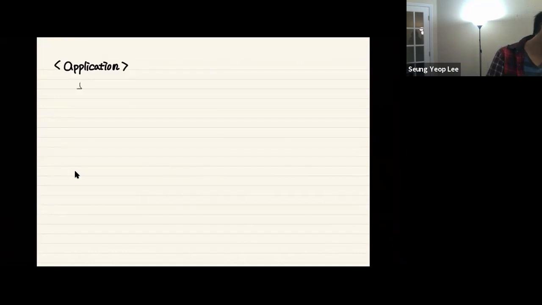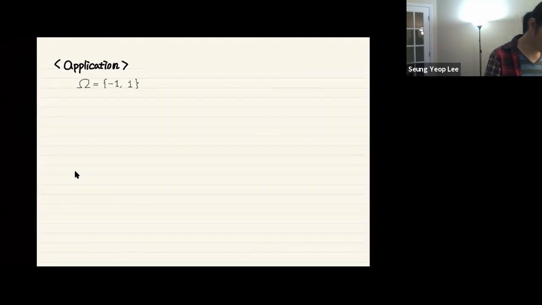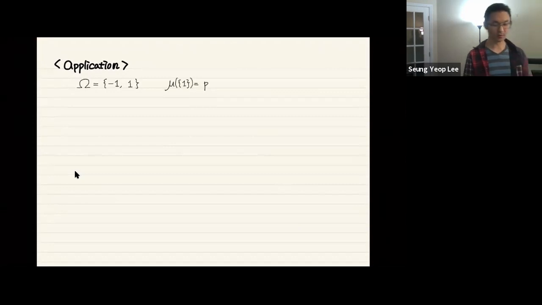So let's use omega to be a very simple set, just two elements. And I define the probability measure on here so that the event containing only 1 has probability p. And of course, then the other event, -1, should have probability 1 minus p.